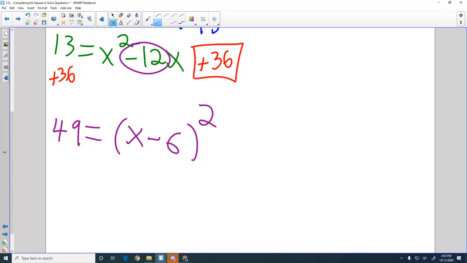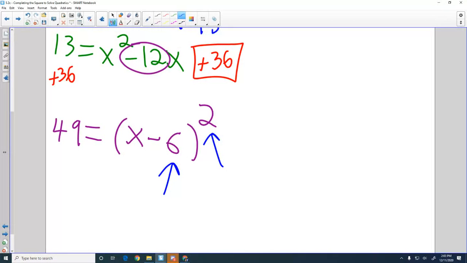So I see a negative 6 and I see a square, an exponent. I need to cancel those out. How do I do that? What should we do first to both sides of this equation? Do I get rid of the negative 6 or do I get rid of the squared first? Yeah, because that's like the outermost thing.